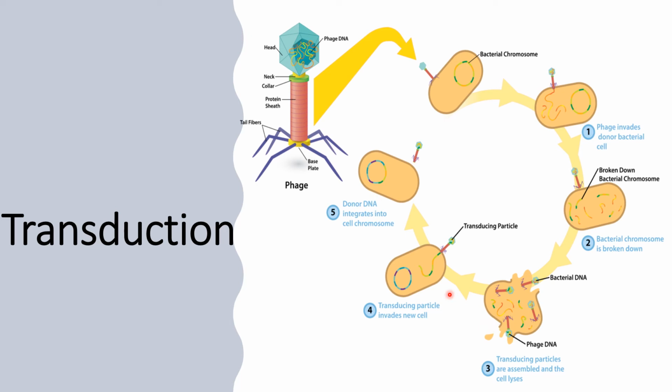That new bacteriophage infects another new bacterial cell, and then it integrates into the host bacterial chromosome, and this new bacterial cell acquires a new trait with the help of this bacteriophage.